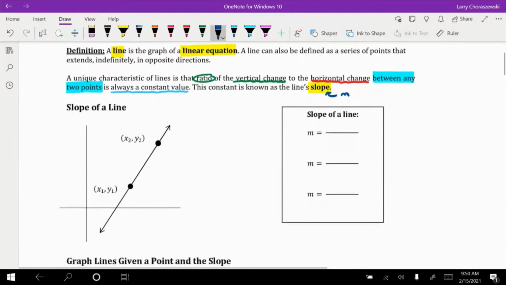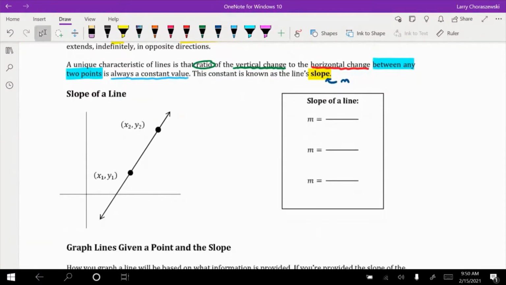So I have a diagram with 2 points on a line, with generic coordinates, because I want to give you one version of slope that involves a formula. And in the box to the right, you can see that I'll be giving you a total of 3 versions of slope. The first version of slope involves these expressions, vertical change and horizontal change.